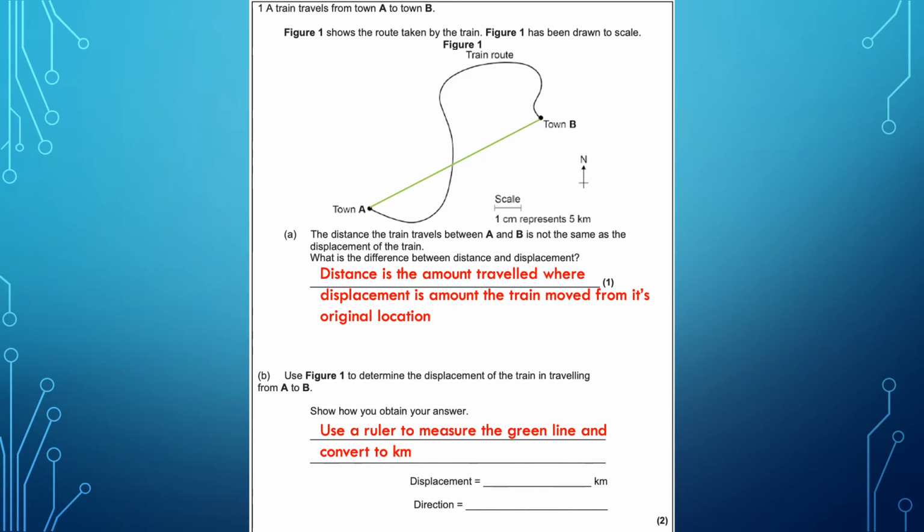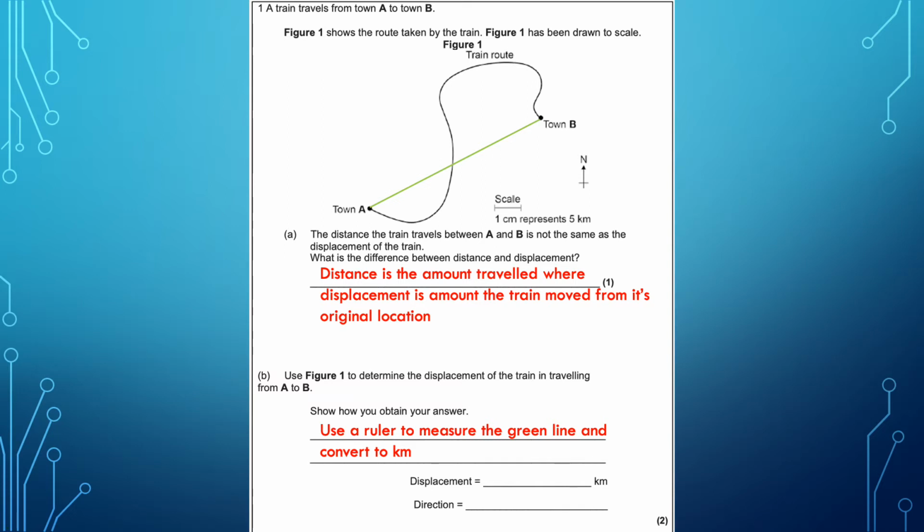So think about figure 1 as if it were a map. A map doesn't actually show you really how far things are, so if you make a map, you have to create a scale. And the scale tells you generally how far things are. So using that method, you measure the line between A and B.